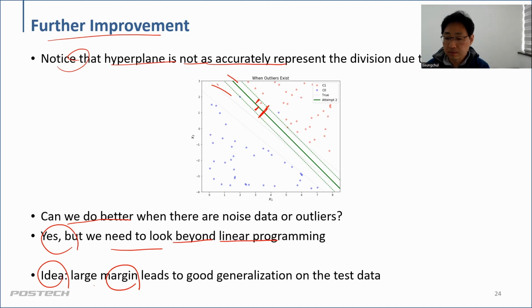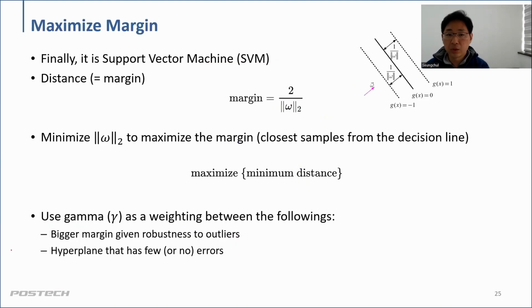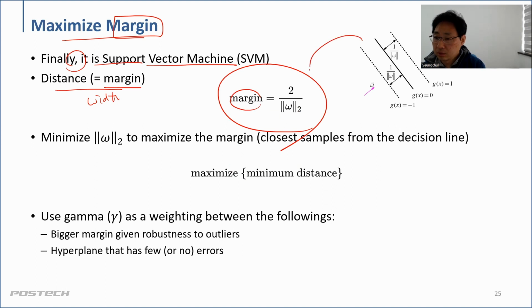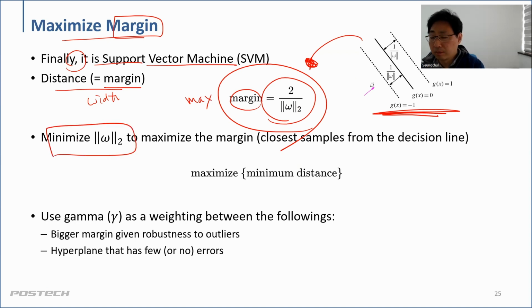Those are the margins. How do you do that? The idea is I want to maximize the margin as well. So finally, it's a support vector machine, and the distance, margin, and width is going to be that. I hope you all remember how we derived that. Okay, I want to maximize the width, the margin, as well.